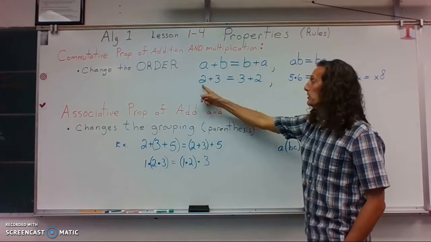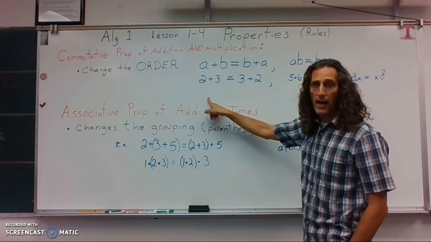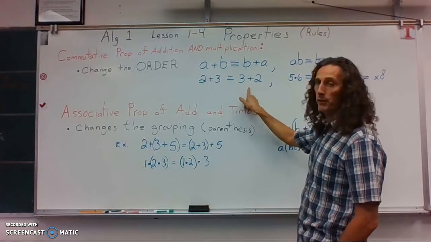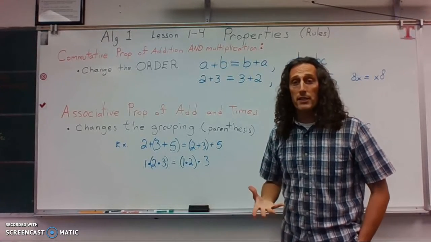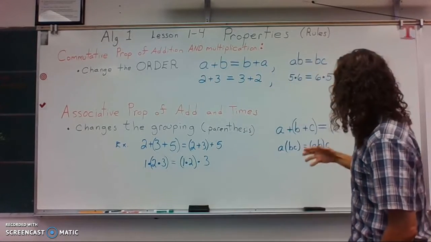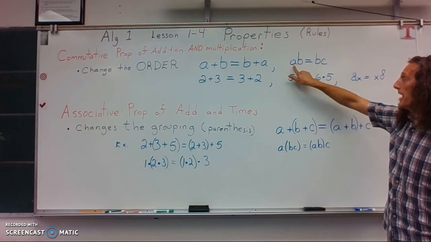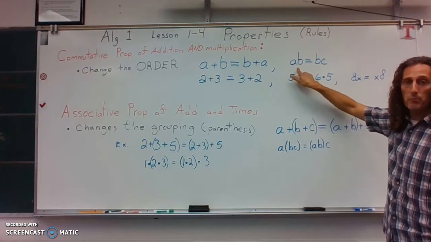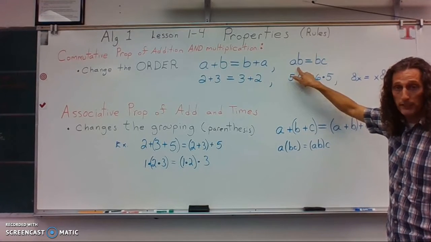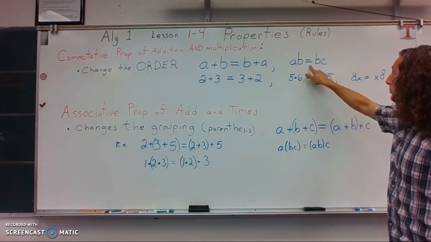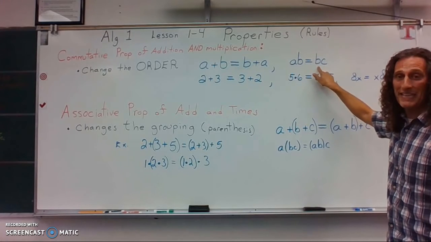In math, it's 2 plus 3, which we know equals 5, but that's the same thing as if you flip them around and you get 3 plus 2, that's 5. Now, it's the same thing in multiplication, right? No difference. It looks a little bit different in how we write it: if you just put A next to a B, that automatically means times or multiplication. So again, this is an order, AB equals, we change the order and we get BA.